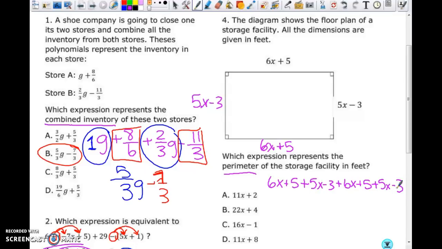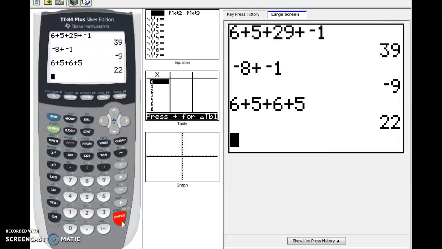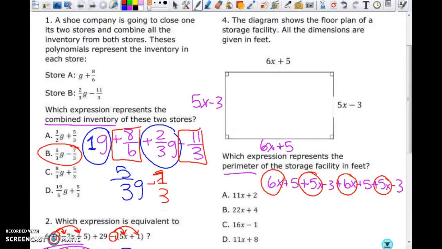Alright, again, we're combining, so you add up all the like terms. I have 6x here, 5x here, 6x here, and 5x here. If I add all that up, 6 plus 5 plus 6 plus 5, that's going to leave me with 22x.